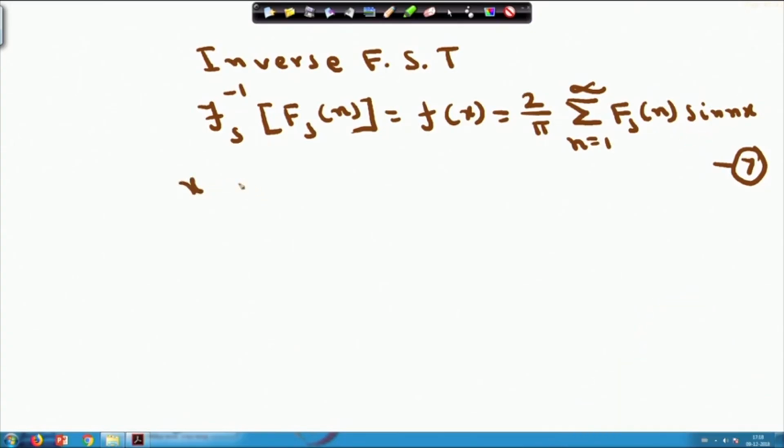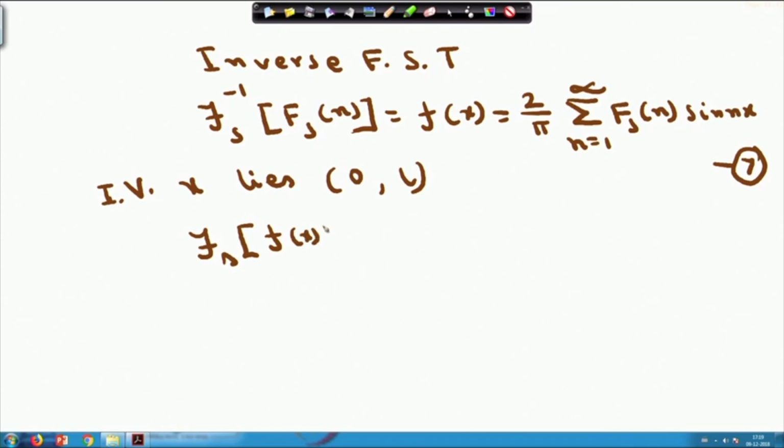And if the independent variable, this x, lies in the interval say 0 to L, that is any general interval, whatever we have talked about is if it lies in 0 to pi. But if it lies in any interval 0 to L, in that case we define like this: Fourier sine transform of f x equals F s n, same line as we have done for this.